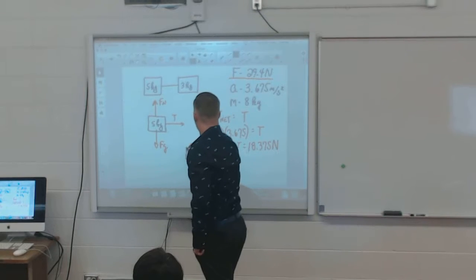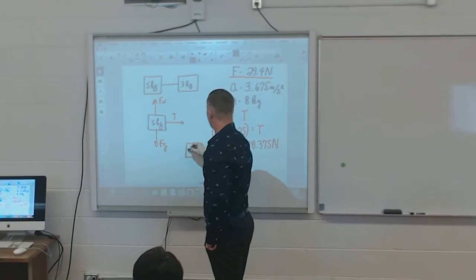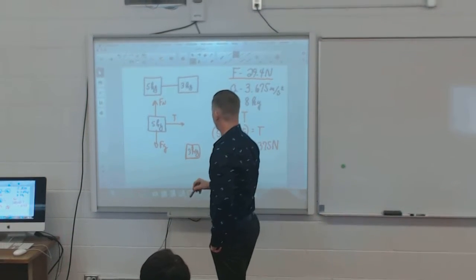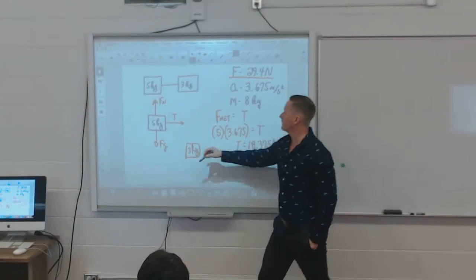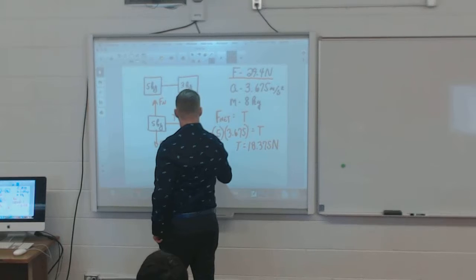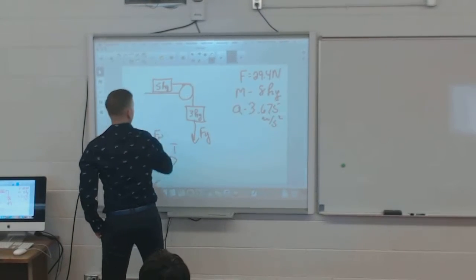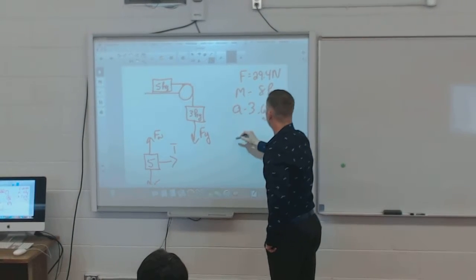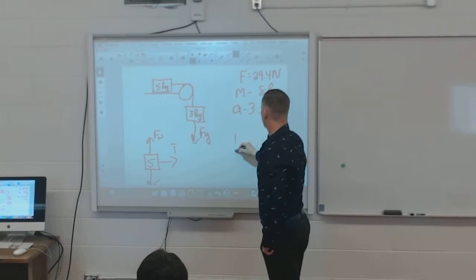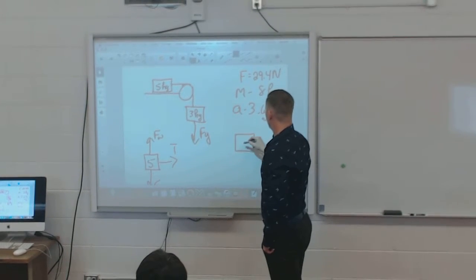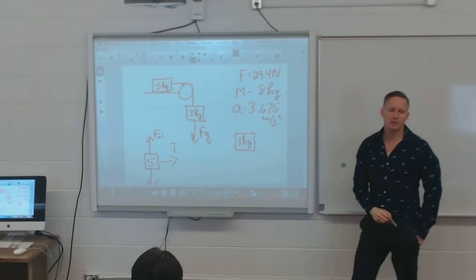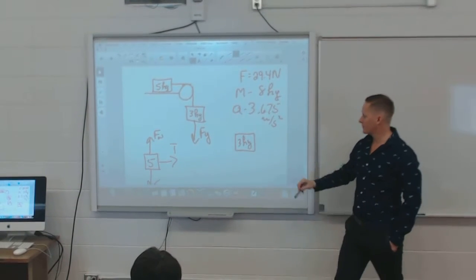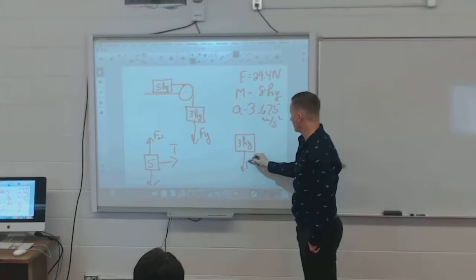So now, what if I wanted to find the forces on the 3 kg? So look at the 3 kg now. What are the forces affecting the 3 kg? Force of gravity. Tension.